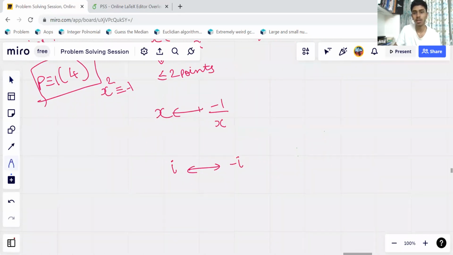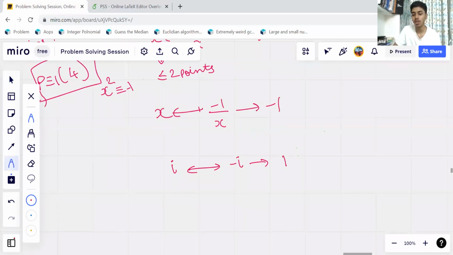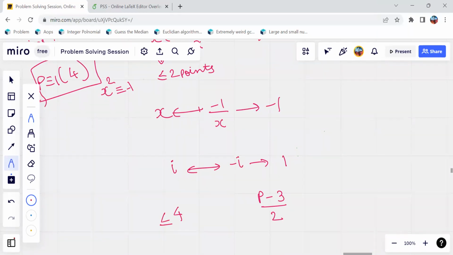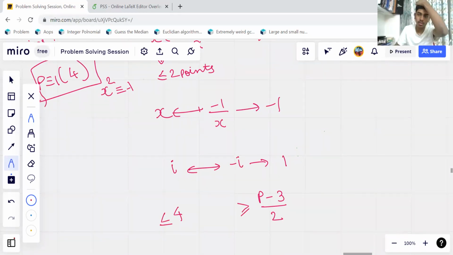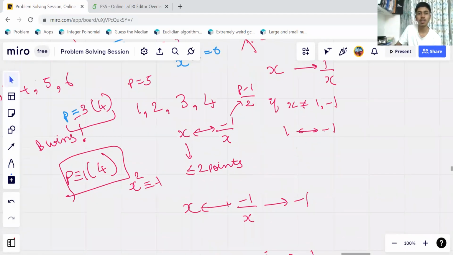That's still fine, because in this case the product is 1, and it's -1 in all other cases. So you get at least p minus 3 over 2 points, and the other guy gets at most 4 points. So if p is at least 11, you're fine. We just need to check p equals 3 and 5 by hand.